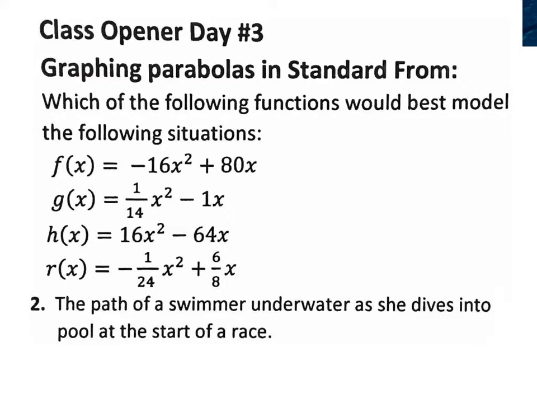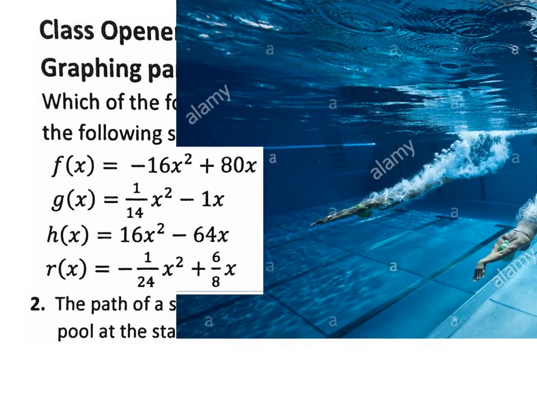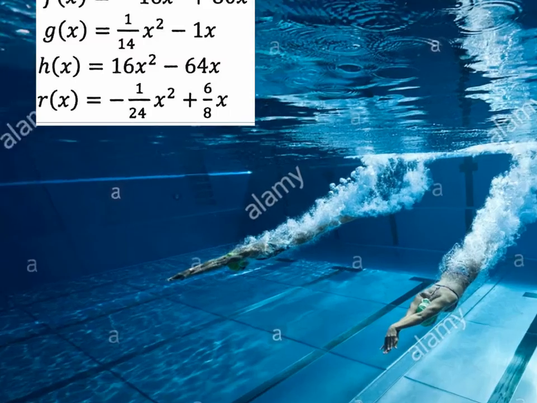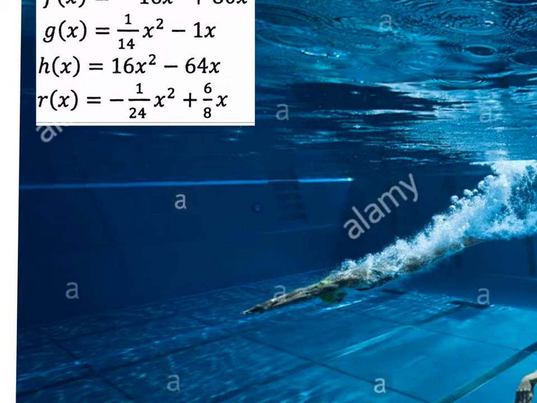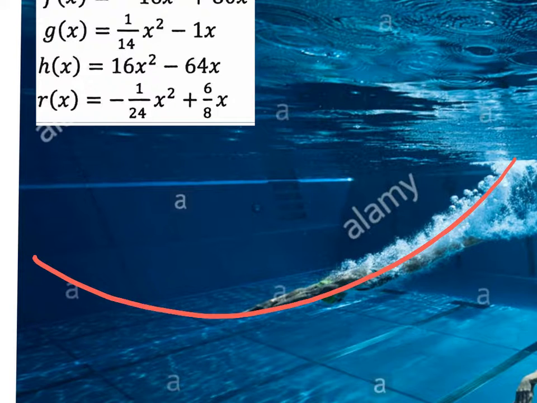The swimmer situation, it was number 2, the path of the swimmer underwater. What I would like to ask you right now is, the path of this parabola, she reaches her minimum point, then she has to pop back up. What I would like to know is how deep is she at her lowest level? Down here, how deep is she?